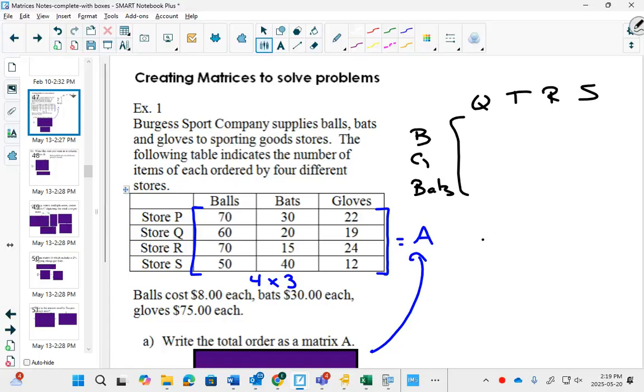And I could rearrange all the numbers, and as long as I made my next matrix also in that order, the multiplication would work. But if I move one thing in order that doesn't match up, then the multiplication means absolutely nothing, and none of your answers or numbers will be right.